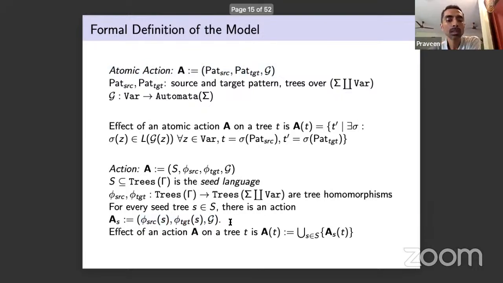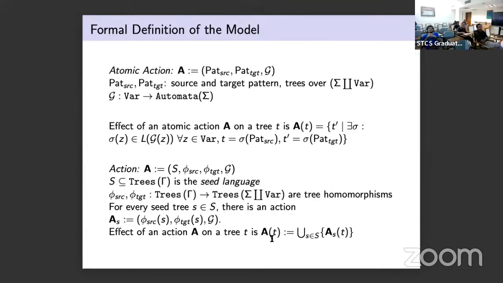And then finally, the semantics of an action is that suppose you have a source tree T, the effect of our action A on this tree T is the union over all seed trees in the seed language, where we collect the effects of the individual seed actions. So that's the effect of an action A on the source tree.